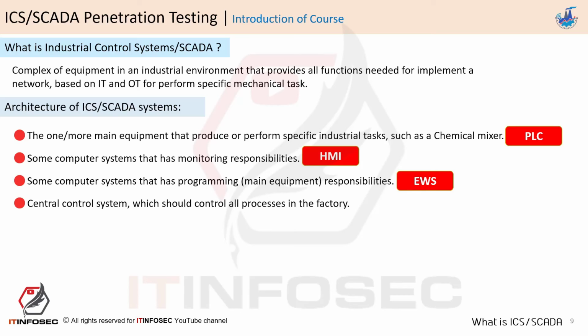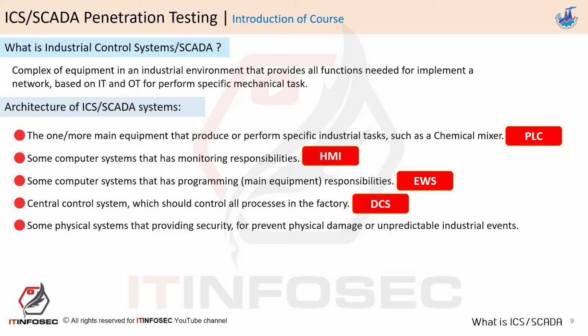Another item in the architecture of ICS is the central control system, which should control all processes. All PLCs may be placed on one backplane, one motherboard, that puts many PLCs together and controls all processes in the factory. It is called a DCS, or distributed control system.